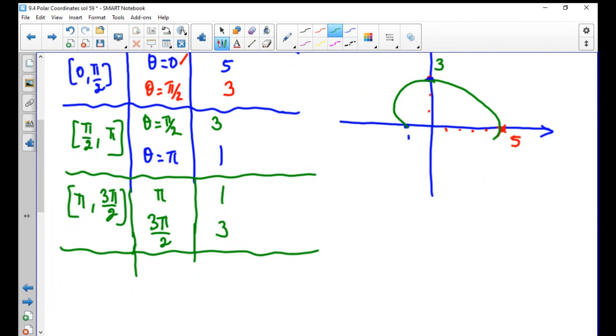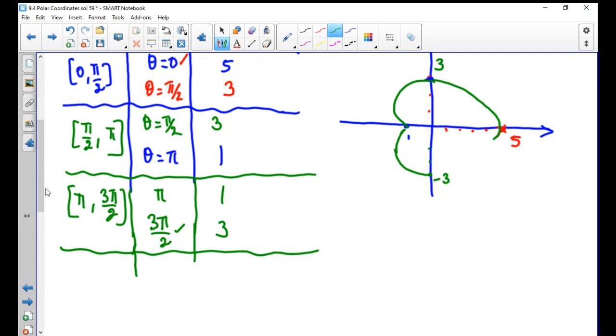Cosine 3 pi over 2 is actually 0, so you will get 3. Now, theta is 3 pi over 2, where are we in the plane? The negative y-axis. So now we are down here at 3, and because I'm writing the y coordinate, it's going to be -3. And the graph will look a bit like this.